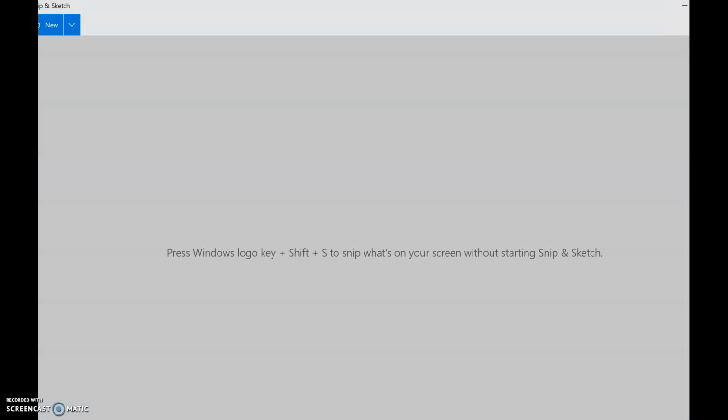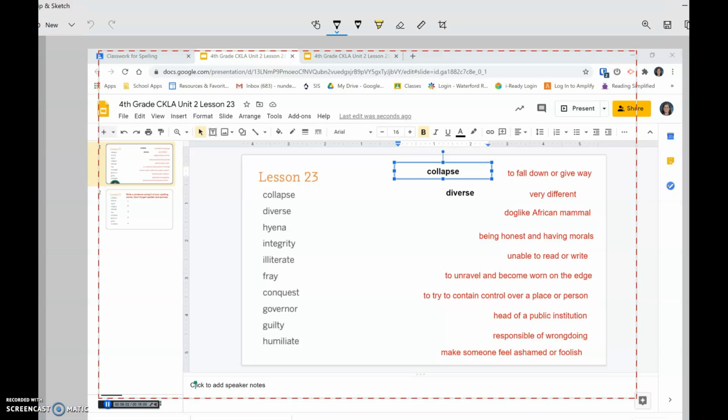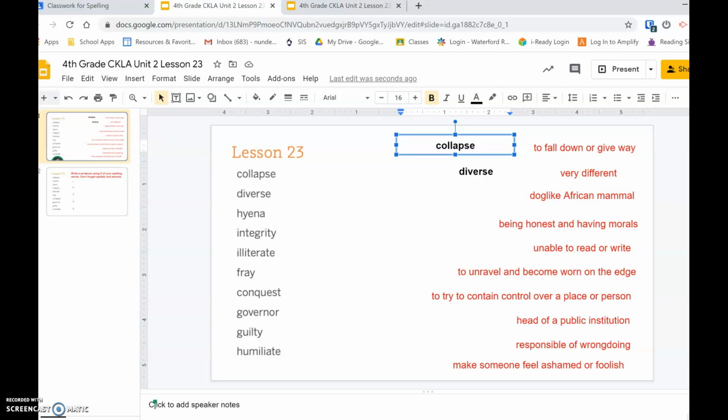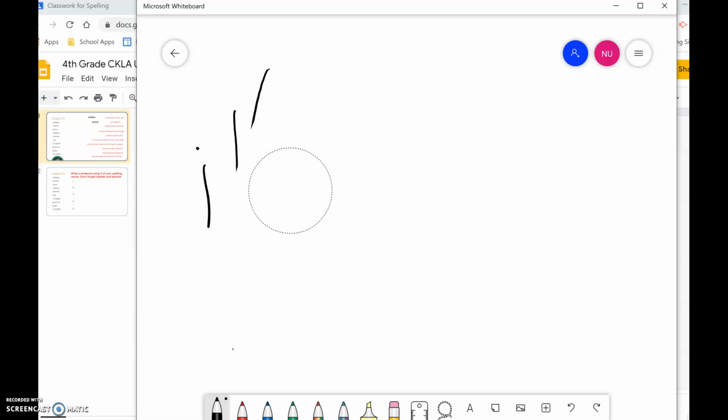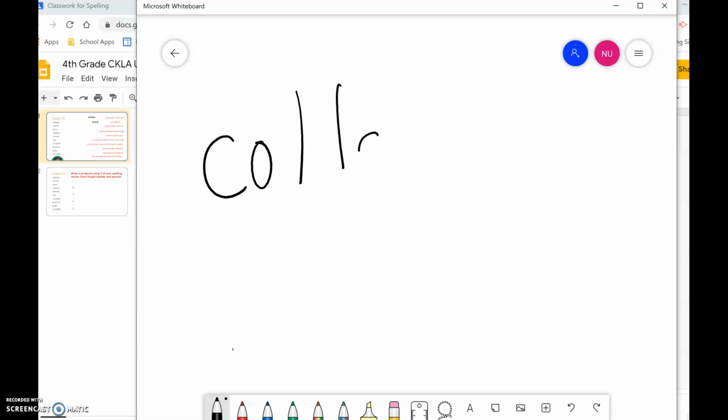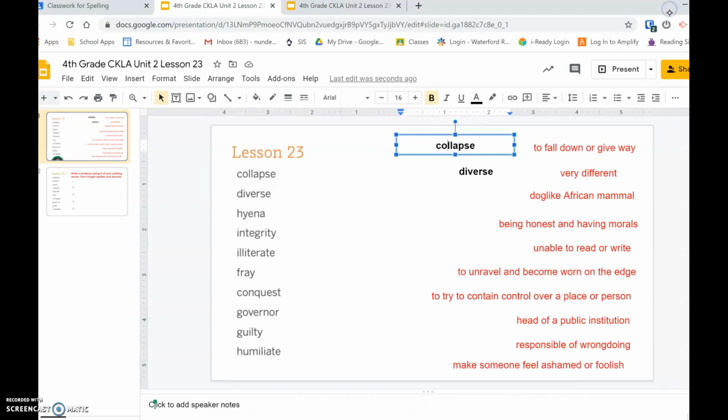So when you spell it, let's erase illiterate. It's coal, C-O-L, collapse. Still 2 syllables, but it's not "cull-apse," it's collapse, so it's an O. Sorry, I made that mistake.